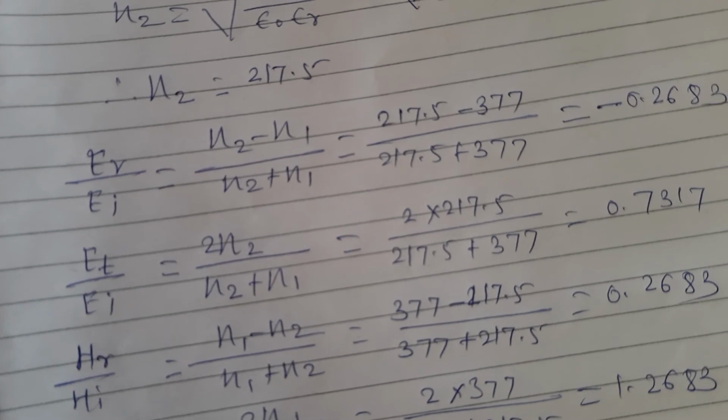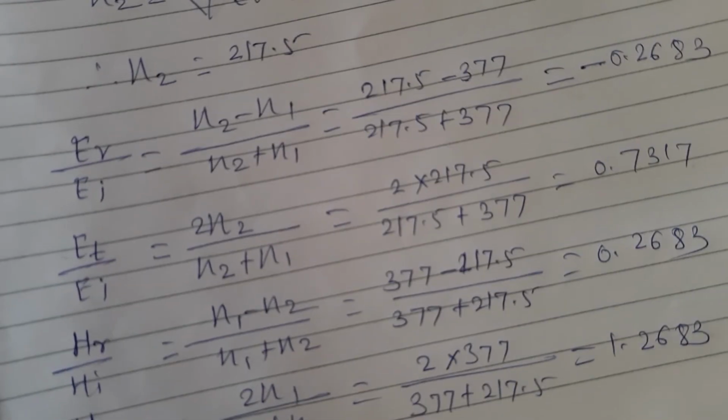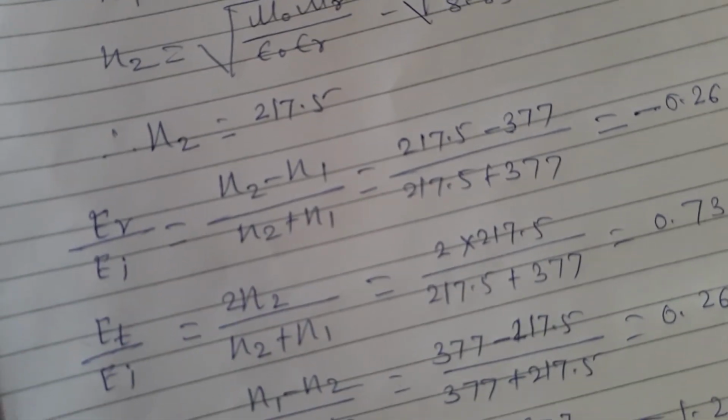These are the values for the magnitude of incident and reflected and transmitted values of E bar and H bar.